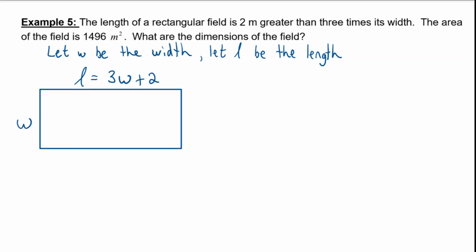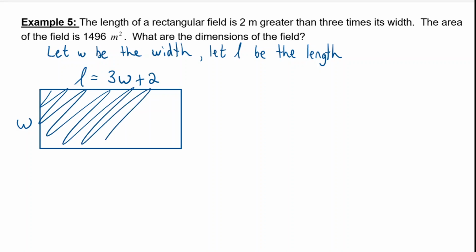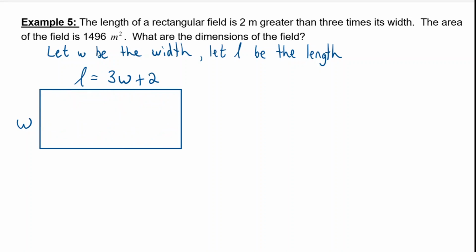It also tells us that the area of this rectangle is 1,496 meters squared. Let's write that down. We know that the equation for area of a rectangle is length times width.